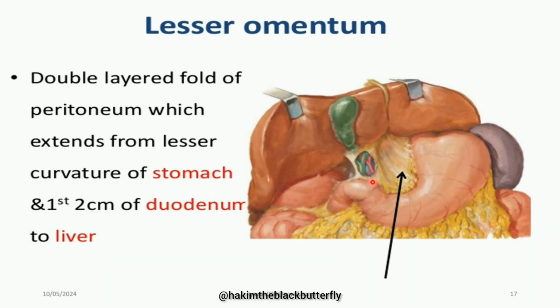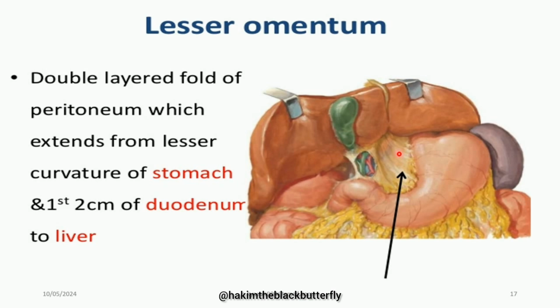It has 4 parts, and this is the first part. So the lesser curvature of the stomach plus the first part of the duodenum are going to be attached by the lesser omentum, and it's going to extend upwards to attach on the visceral or inferior surface of the liver.